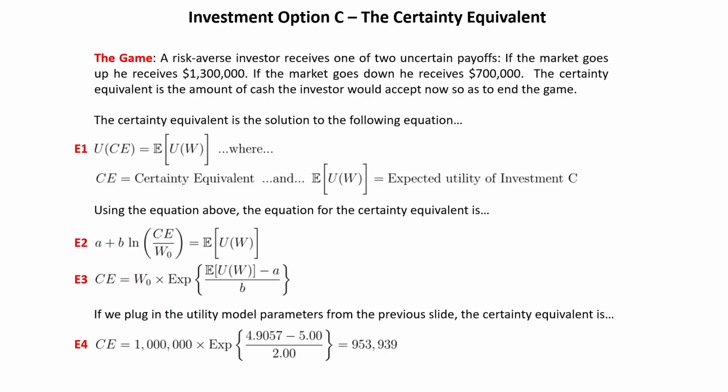So the investor would be indifferent between taking a chance on $1.3 million versus $700,000, or receiving $953,939. Both are equivalent.